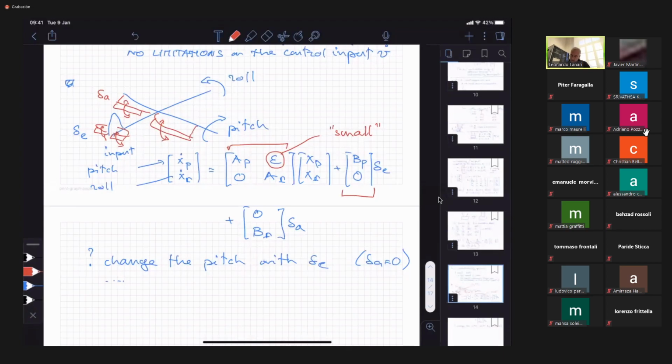But since this coupling is extremely small, no airplane is going to ever use these inputs to change the pitch, okay? So this is just to say be careful when we have a controllability result. This is one step. We also need, in general, in practice, to understand if this is the best choice to obtain that movement or if there are other alternatives.